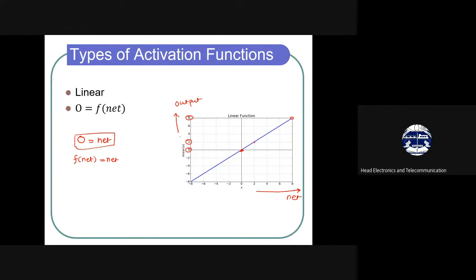Whatever net is going to a neuron, say net value here is 8, then output is 8. There is no change in the output. Whatever is the sum, that is my output.